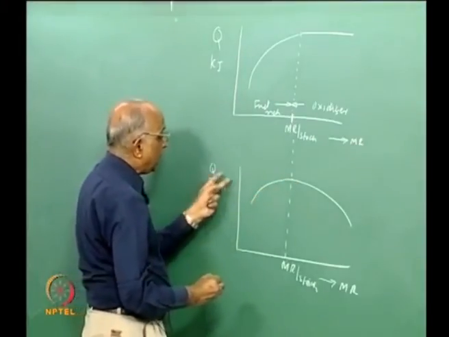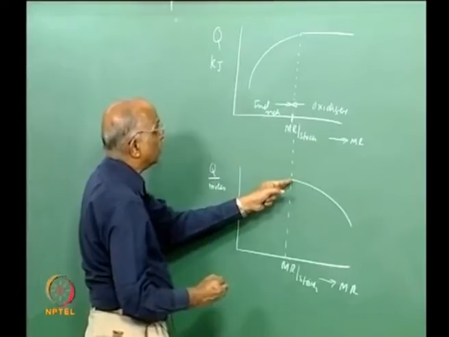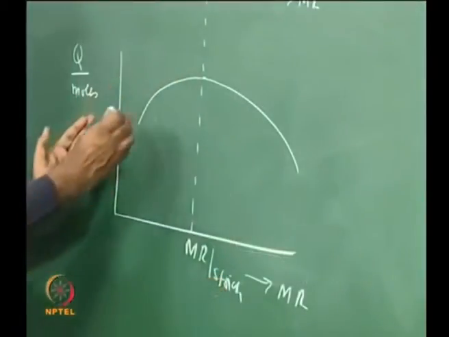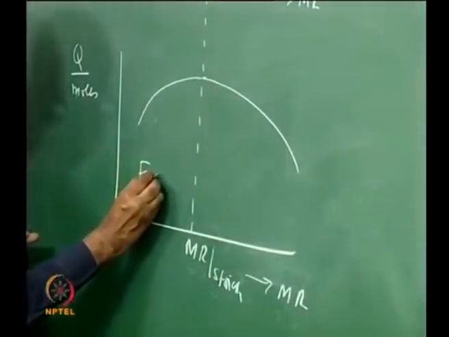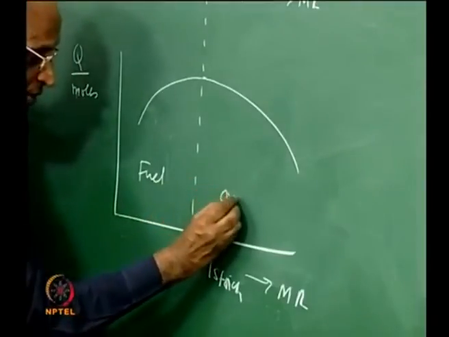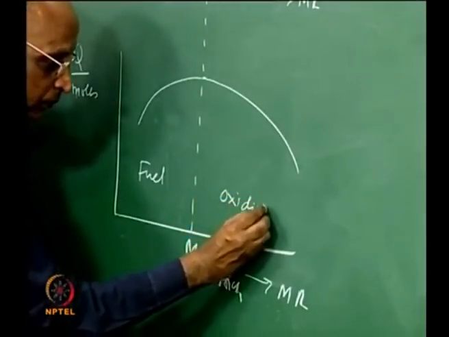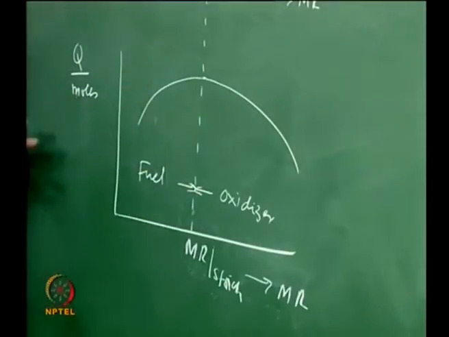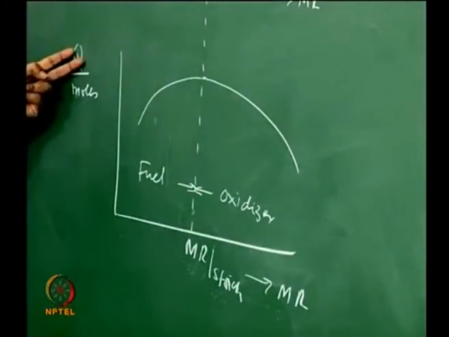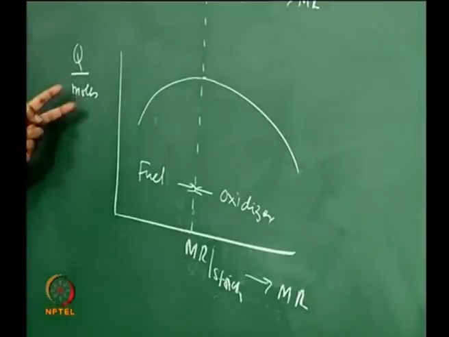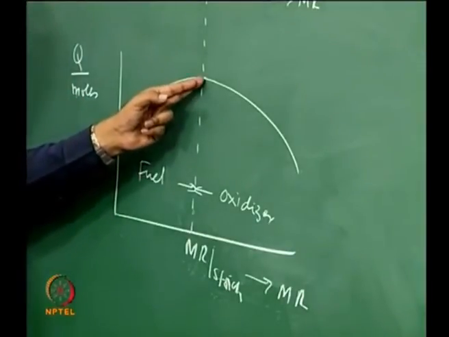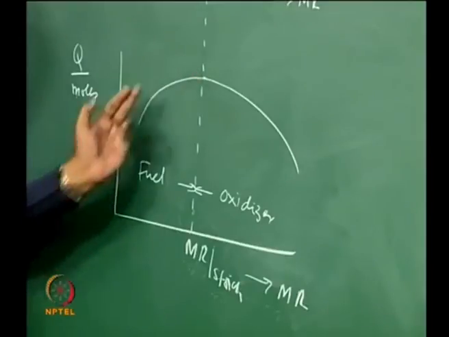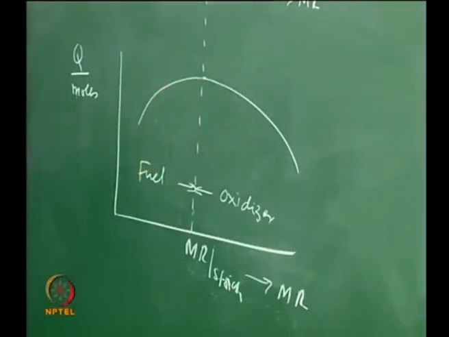Rather, the peak value of heat release per unit mole is still at stoichiometry, and on either side, in the fuel rich side and in the oxidizer rich side, the curve begins to droop. In other words, the amount of heat release per unit mole has a behavior which gives a maximum at the stoichiometric mixture ratio and falls on either side of it.